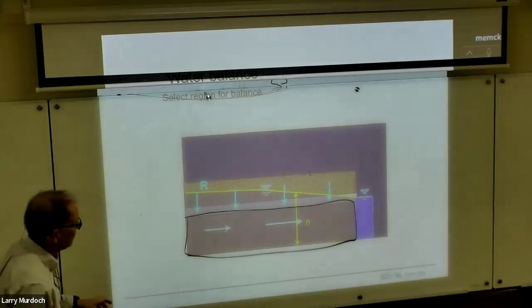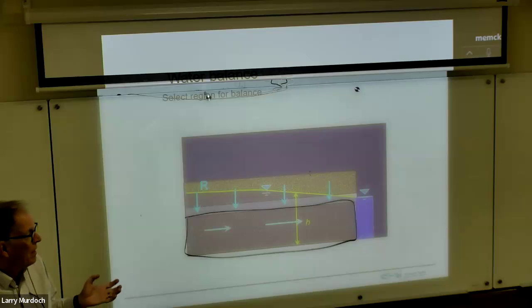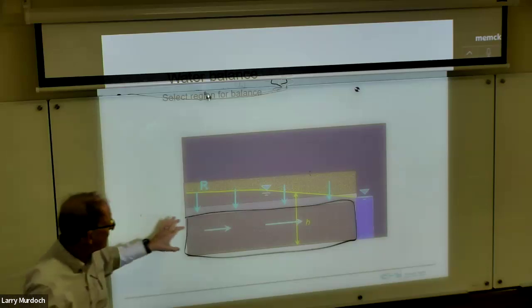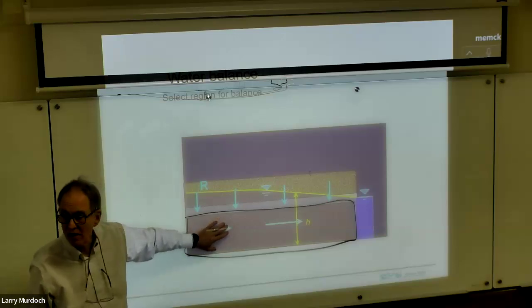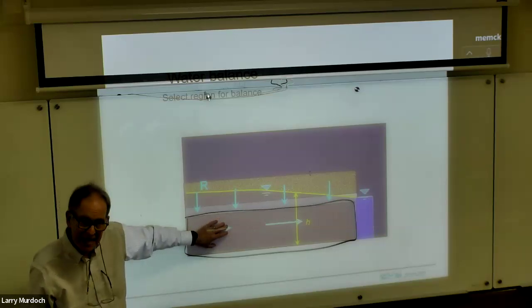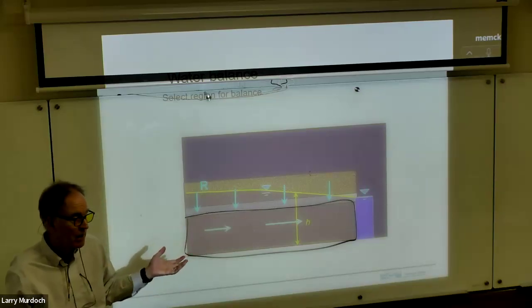But the problem is that with this volume balance approach, you find out what's happening on average within the control volume. But you can't really get in and see any details within the control volume.